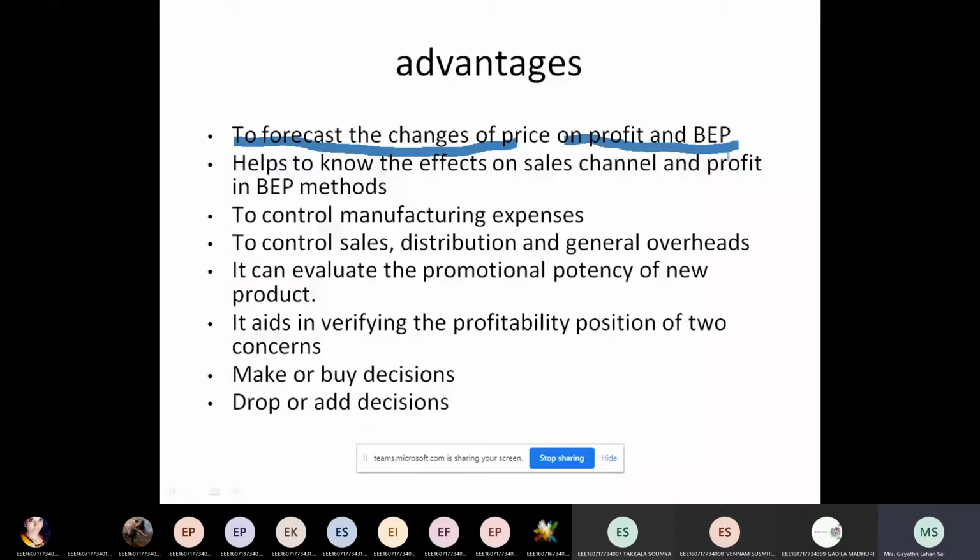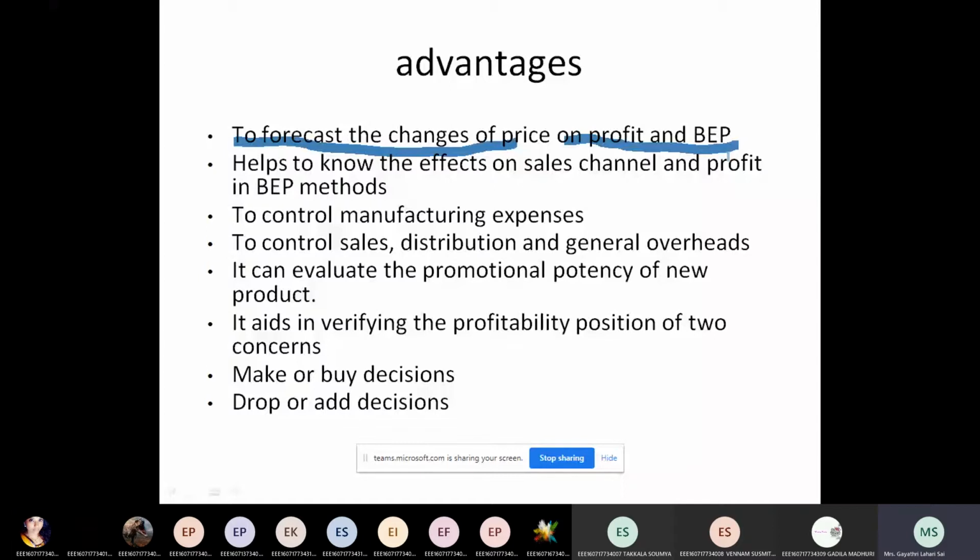Let's say I'm producing a product at 100 rupees, and the same product is manufactured by another company at 90 rupees. People who want to buy will buy the same quality at the more affordable price, isn't it?